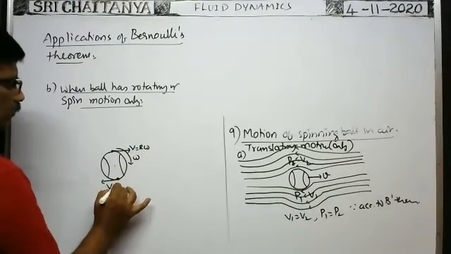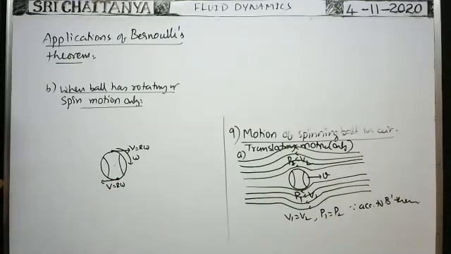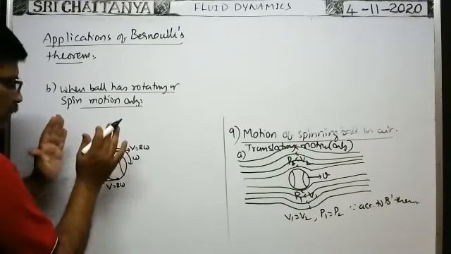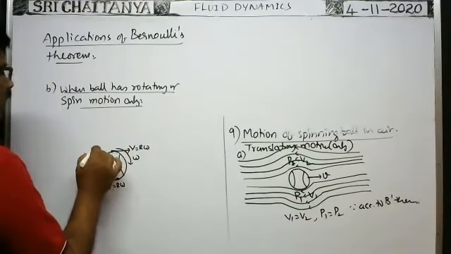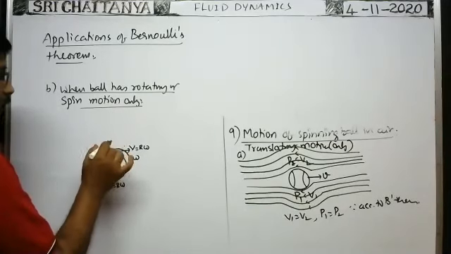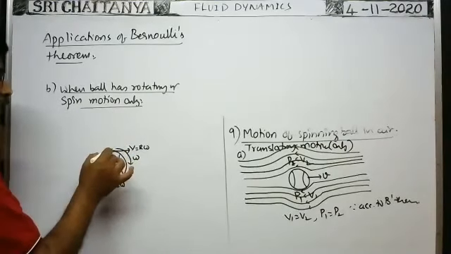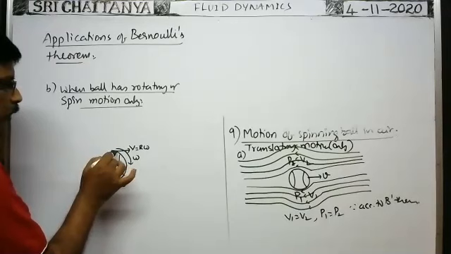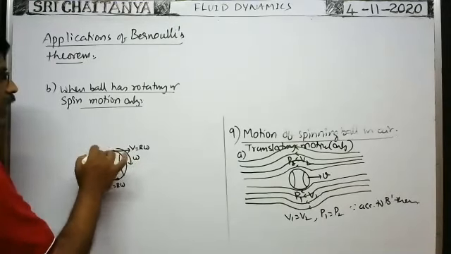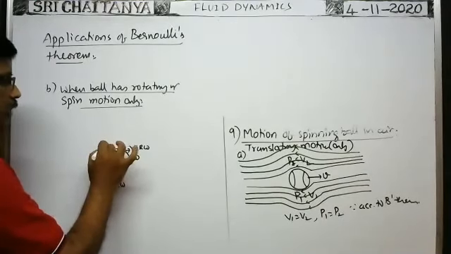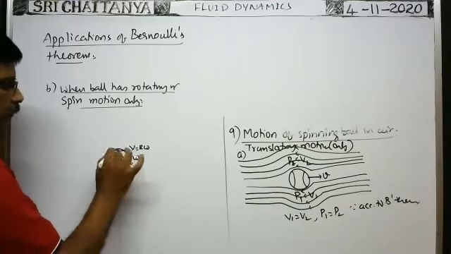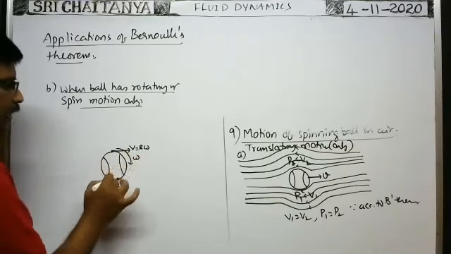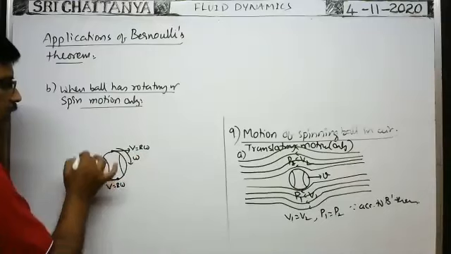Here also r omega. Now, this spinning ball is surrounded with air. Because of the viscous force between the surface of the spinning ball and the air, the air particles are dragged along with the ball in the clockwise direction like this.